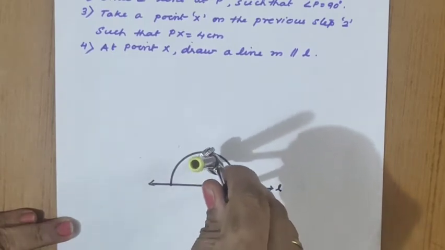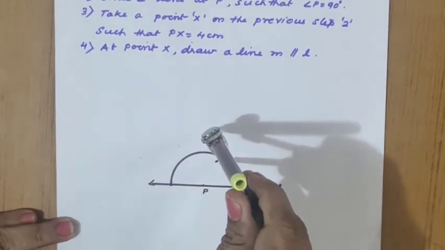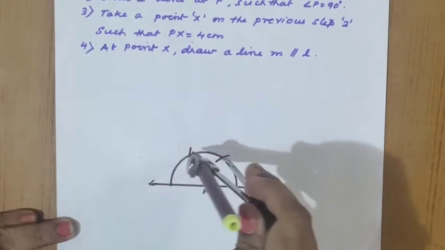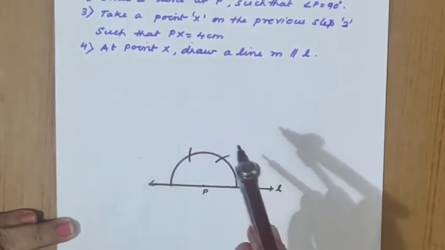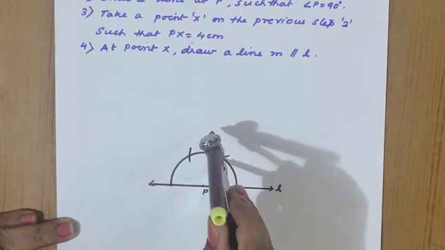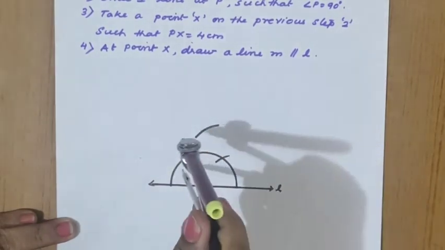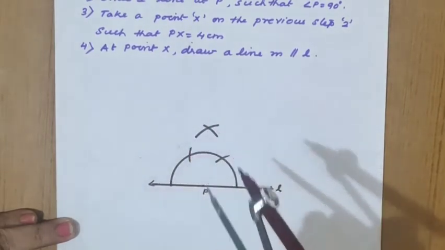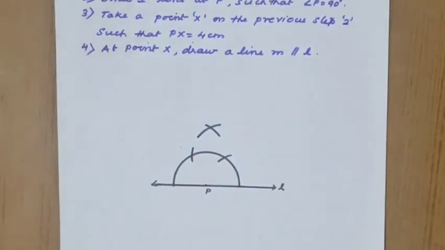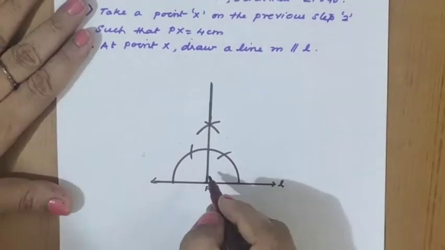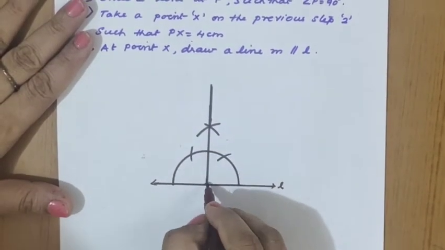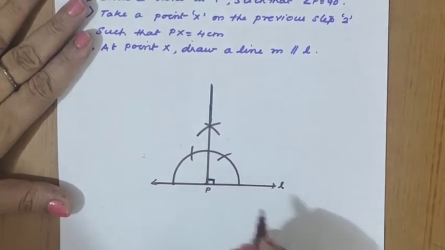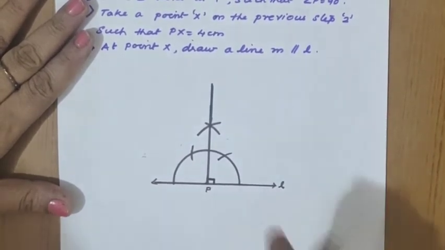The first cutting, that is the 60 degree construction, if you remember that only. Again from here one more cutting. Now these two will be centers for 90 degrees. So I'll keep once again here one more arc. Again here one more arc. So we have joined with the intersection at P. Then what will happen here? This angle will be 90 degree only because the 90 degree construction we have done.